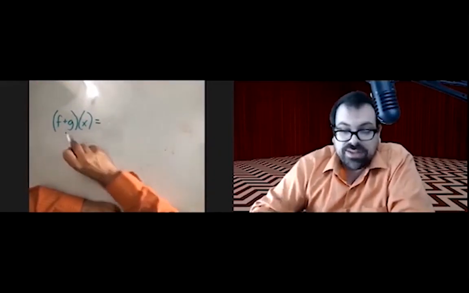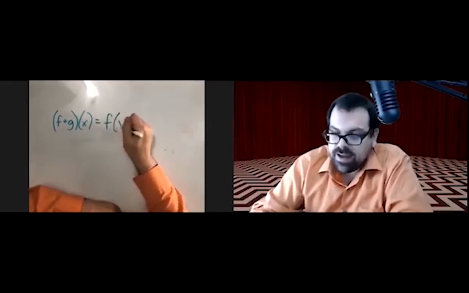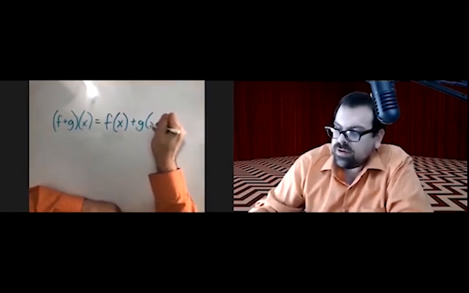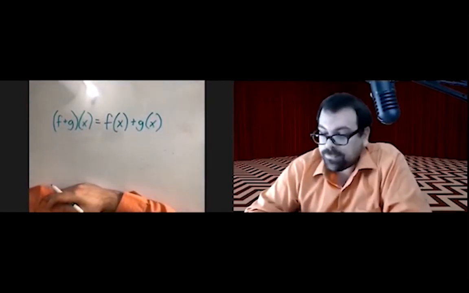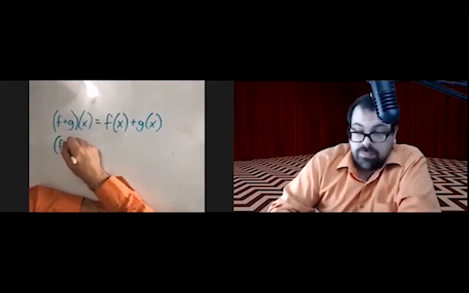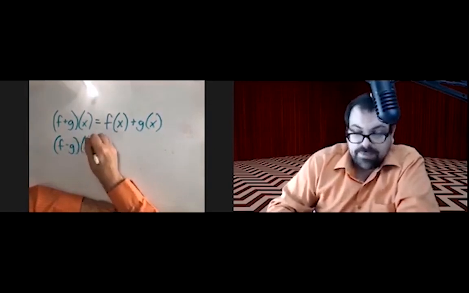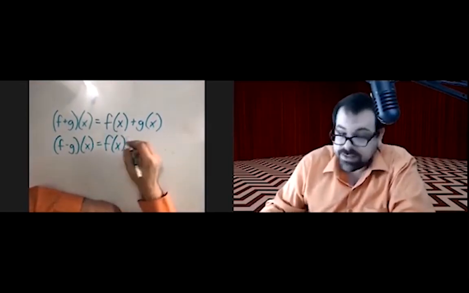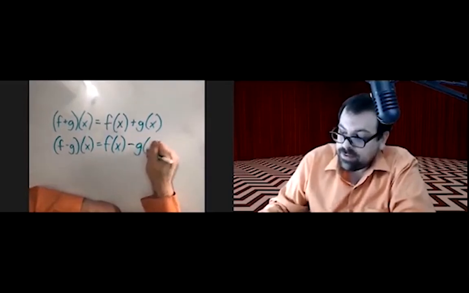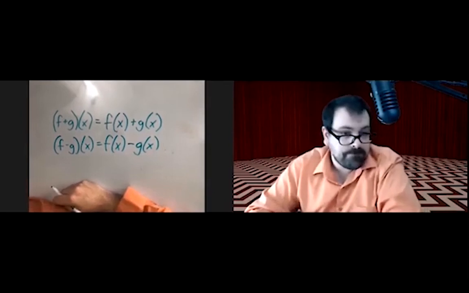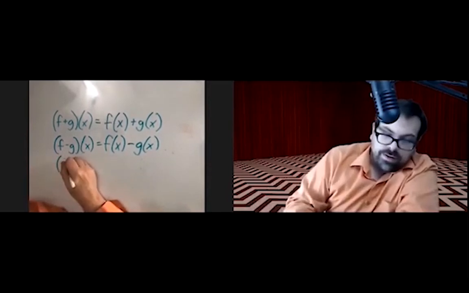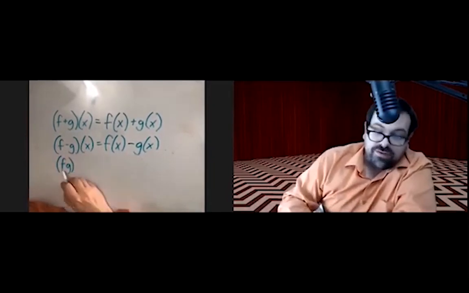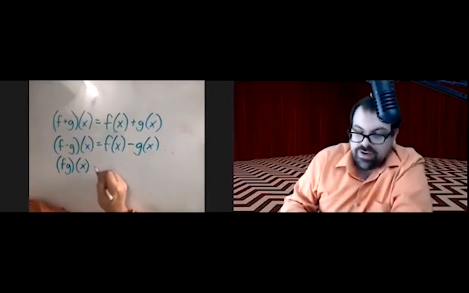Well, (f plus g) of x just means f of x plus g of x. (f minus g) of x, that one just means f of x minus g of x. (f times g) of x.